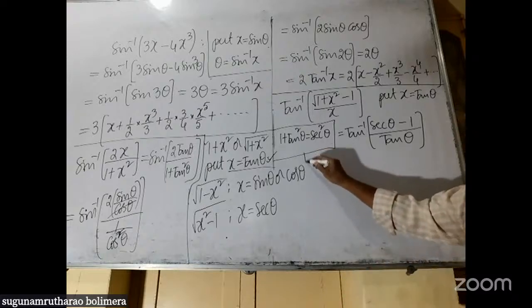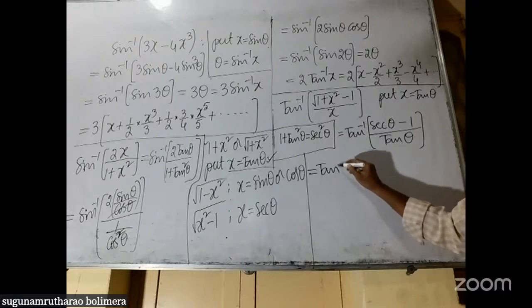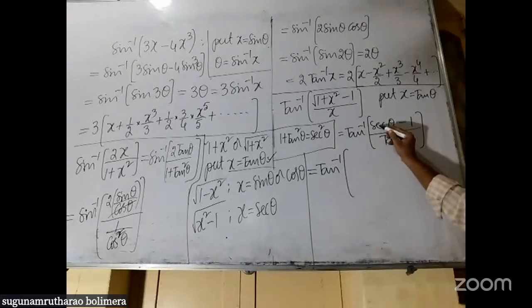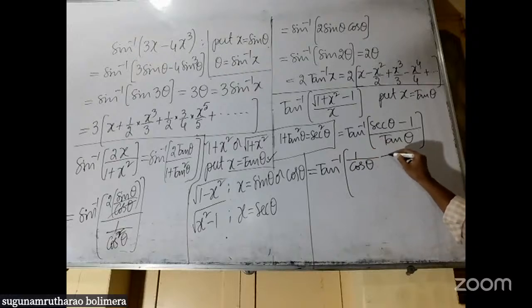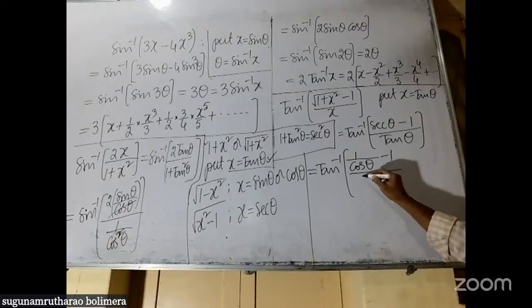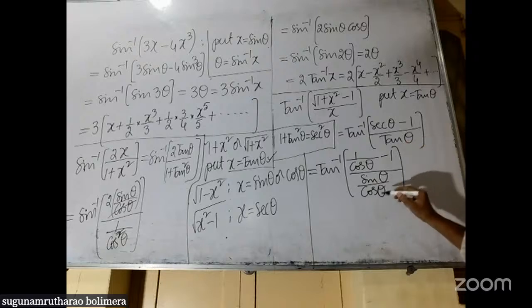So this is equals to tan inverse of 1 by cos theta minus 1 by sin theta by cos theta. If you take the LCM, it is 1 minus cos theta by sin theta.